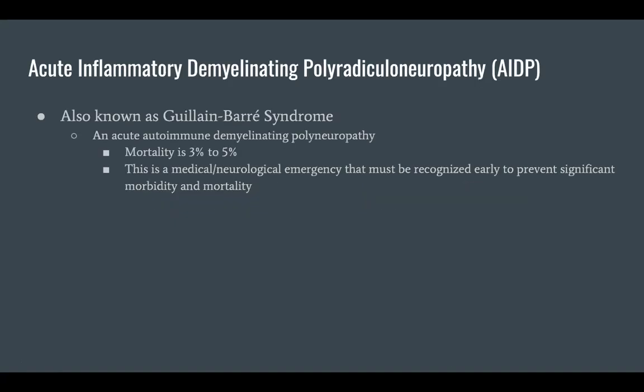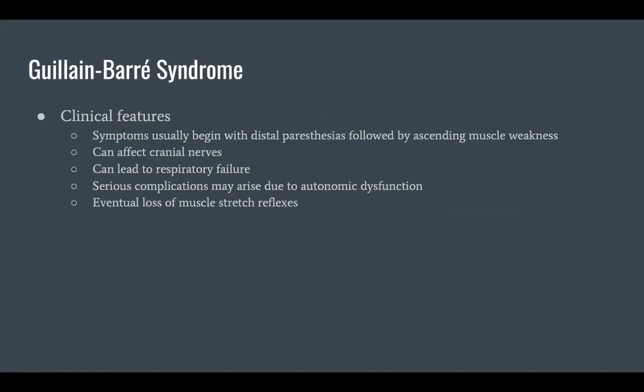So Guillain-Barré syndrome, also called acute inflammatory demyelinating polyradicular neuropathy, or AIDP. We've all heard this, and I guess you guys had Collie for this. I don't know who taught what lecture, but anyways, in one of the micro lectures.